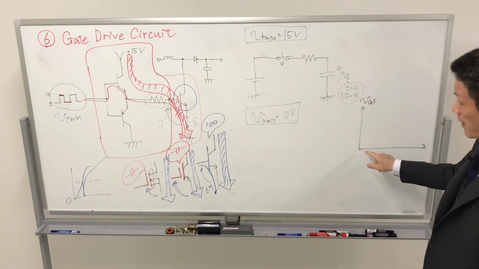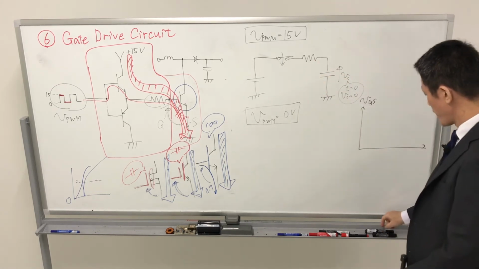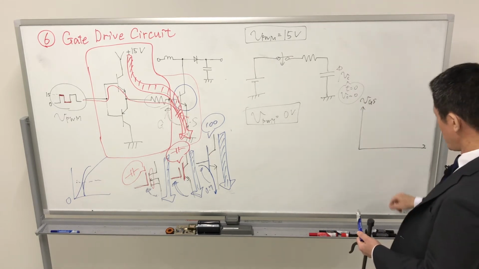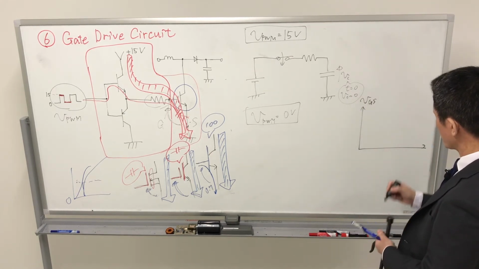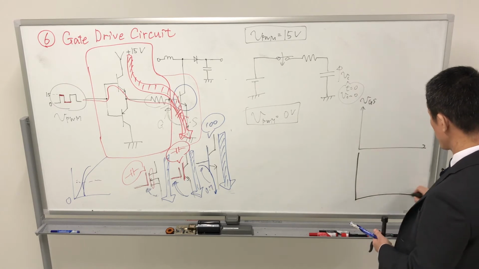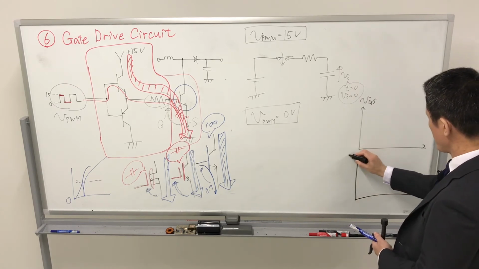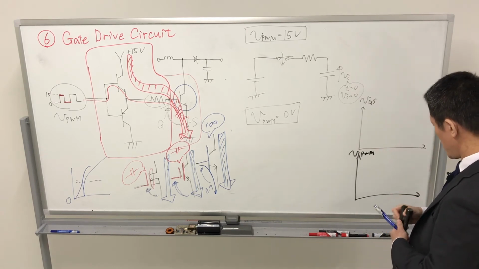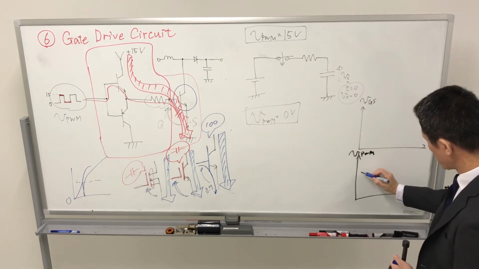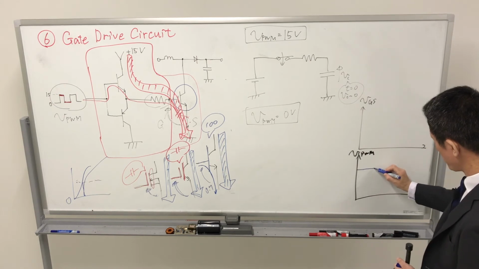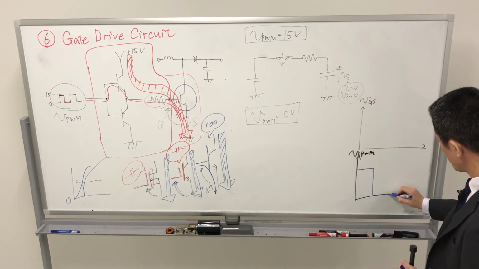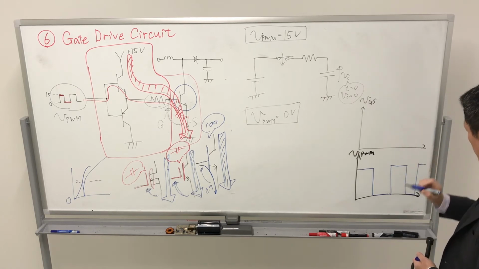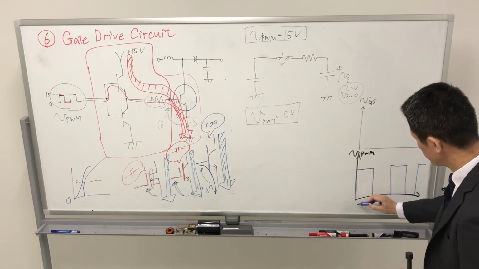In case of the turn on, this VPWM, I will write VPWM on this side. In case of the VPWM, 15 volt, 0 volt, 15 volt, 0 volt, cycling. Okay?